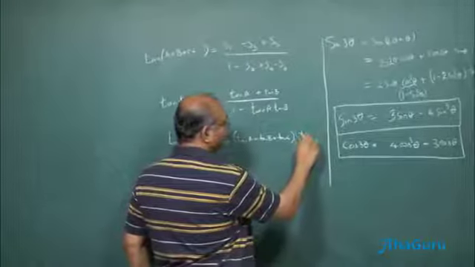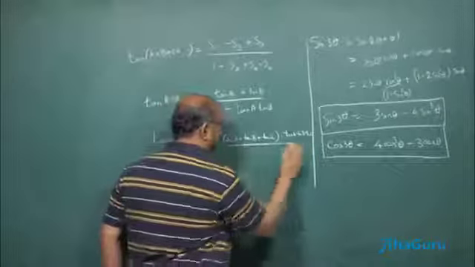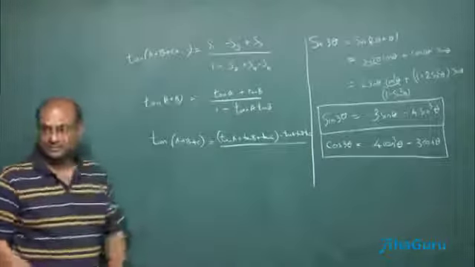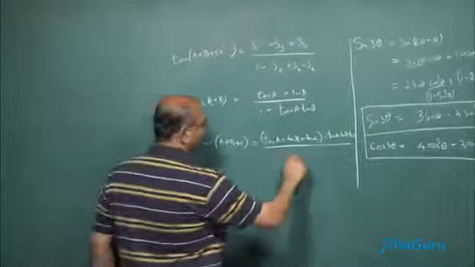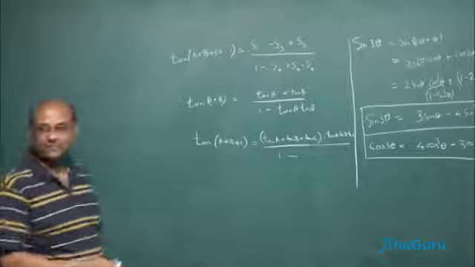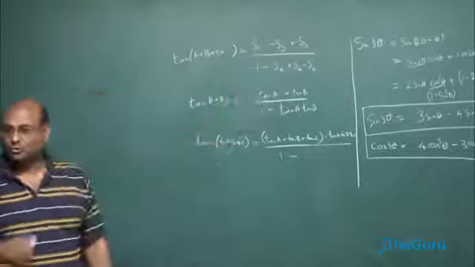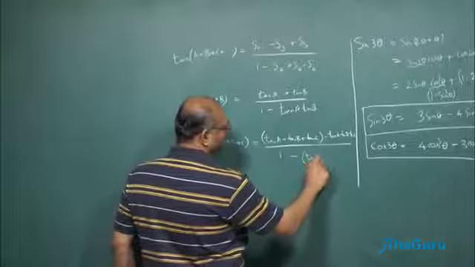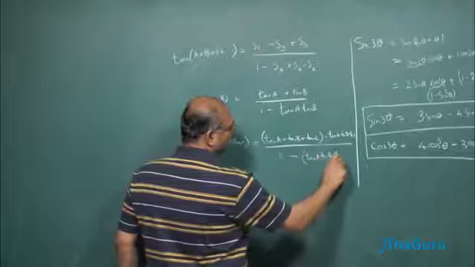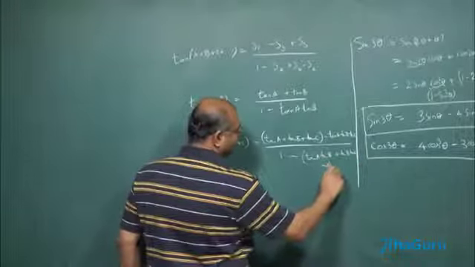Minus tan A tan B tan C, by, now no S5 because there aren't 5 things here, by 1 minus 2 terms. 4 terms I don't have, so I don't have to worry about S4. What is S2? 2 terms together, which is tan A tan B plus tan B tan C plus tan C tan A.